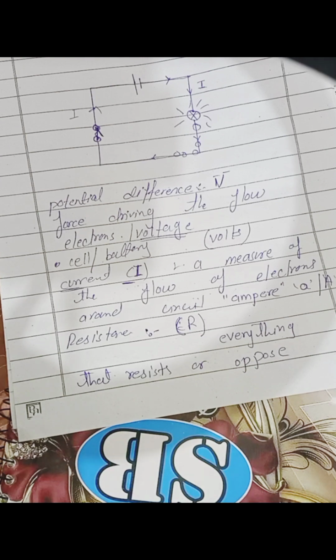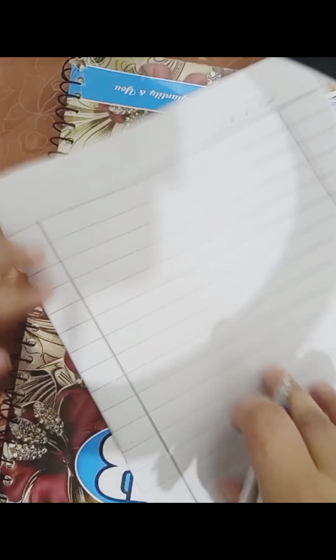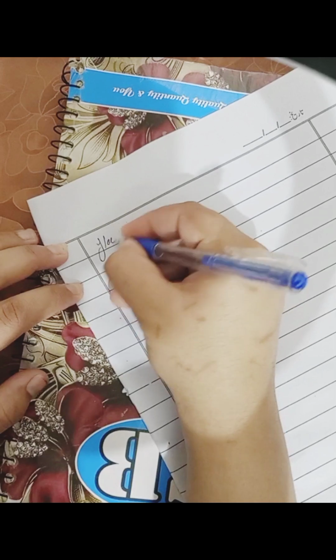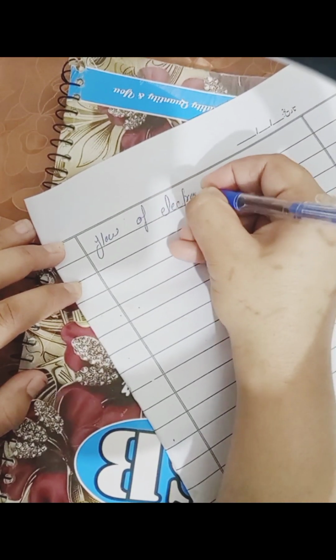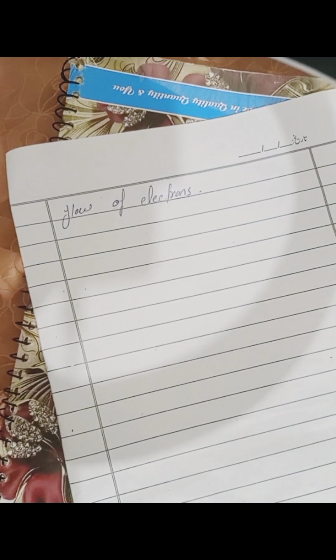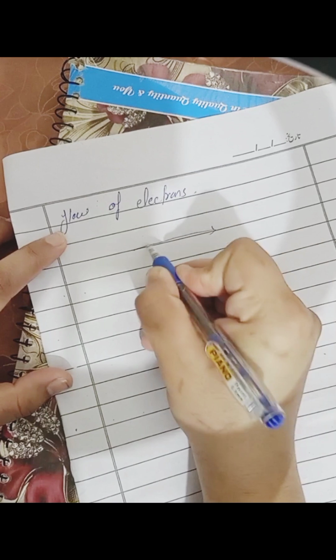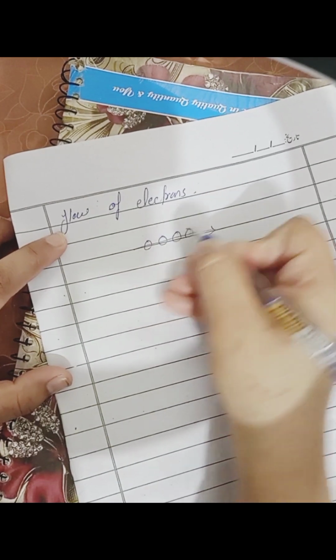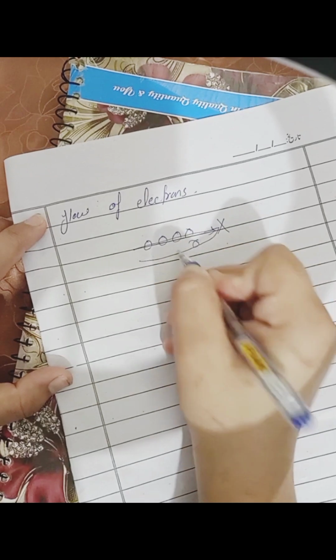Or oppose the flow of electrons. You can simply say that, for example, this is the path of a current, of electrons that are traveling. There is a blockage. It means that they will go back.